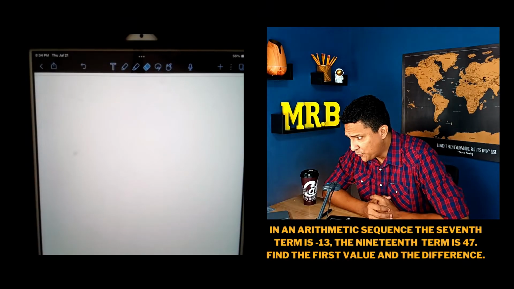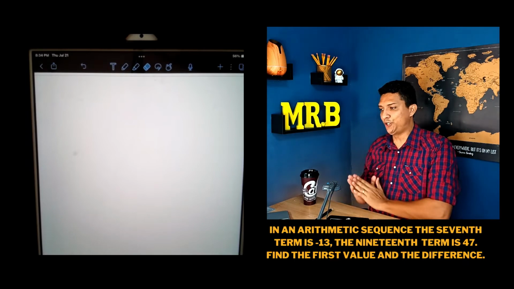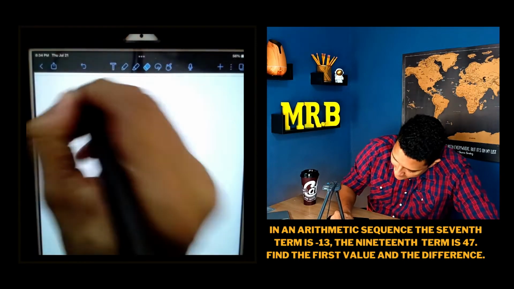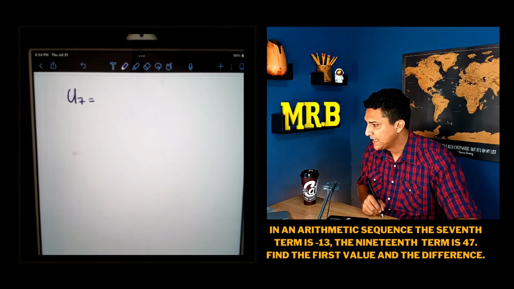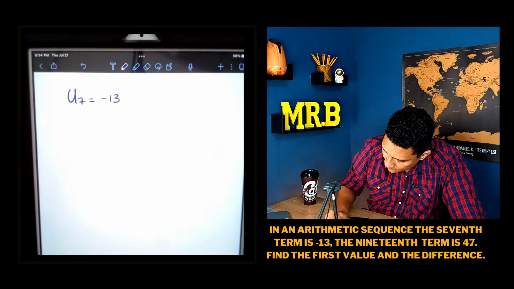First example. Let me zoom out in order for you to see better. Okay, there we are. I'm going to read it. It says, in an arithmetic sequence, the seventh term, U7, I'm going to write it down, U7 equals -13.